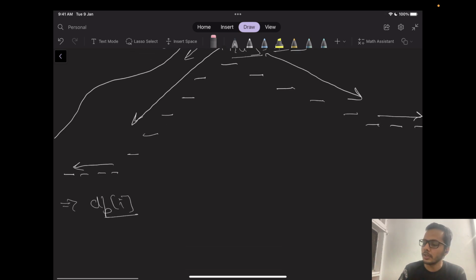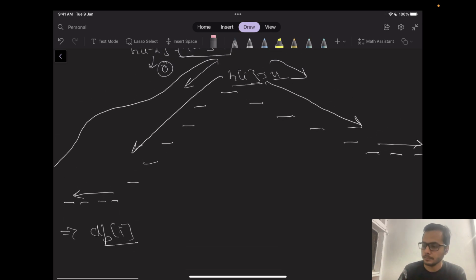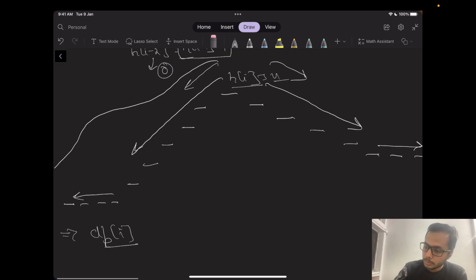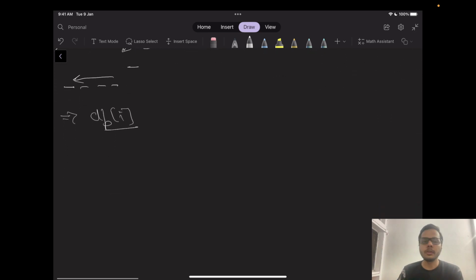So let's just focus on making the left part decreasing. This part should be strictly decreasing, and as soon as it hits zero, every number is zero. So this is our goal.